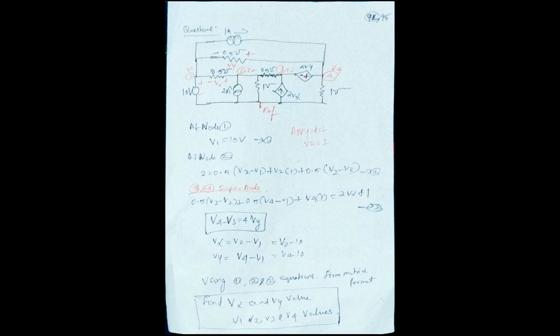That circuit is different. So this consists of 4 nodes and a reference point. So 3 and 4 are a super node.